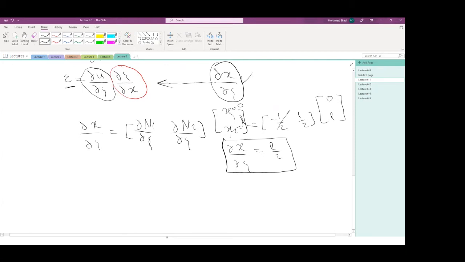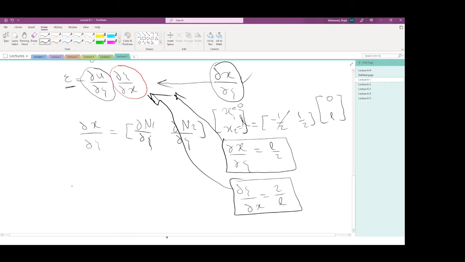I have that. So in order to get this one, I just inverse it. So inversing this is just simple. It's going to be just 2 over L. And then this will go in here.